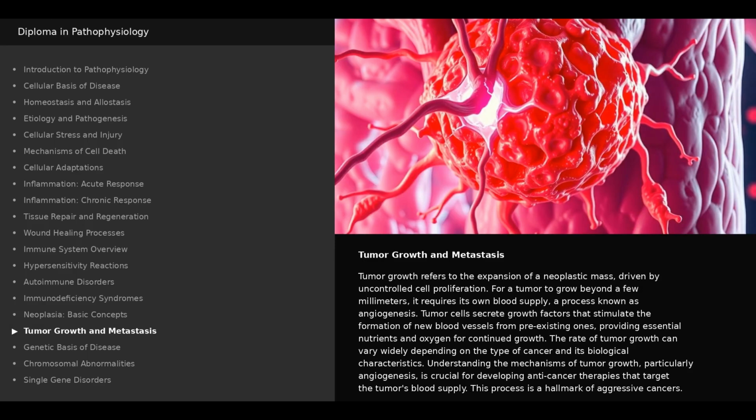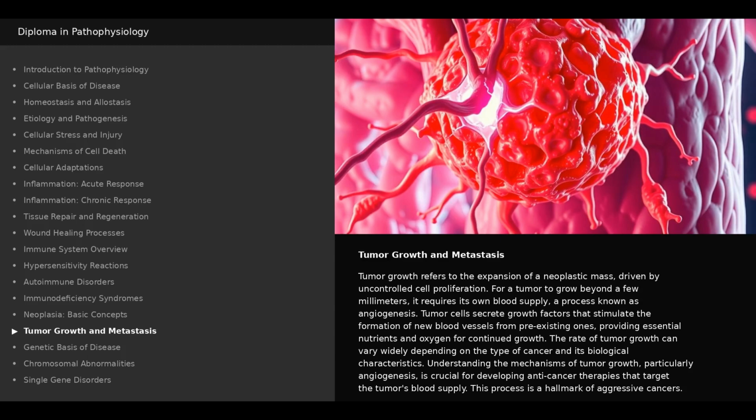Tumor growth and metastasis. Tumor growth refers to the expansion of a neoplastic mass driven by uncontrolled cell proliferation. For a tumor to grow beyond a few millimeters, it requires its own blood supply, a process known as angiogenesis. Tumor cells secrete growth factors that stimulate the formation of new blood vessels from pre-existing ones, providing essential nutrients and oxygen for continued growth.